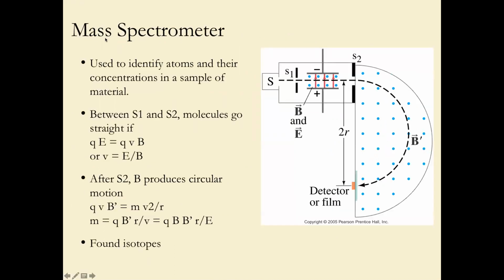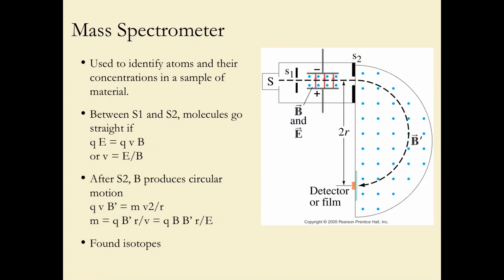And here let's talk about the mass spectrometer. A mass spectrometer is an analytical instrument used to identify the various molecules or various atoms in a sample by measuring their charge to mass ratio, which is q over m.